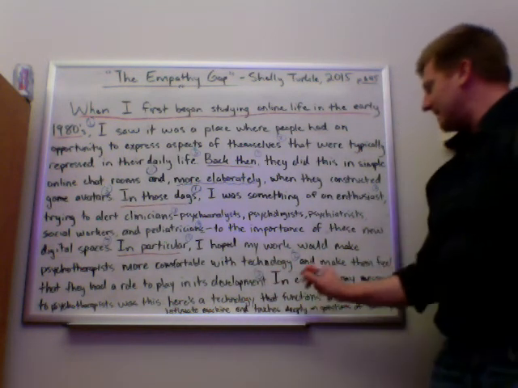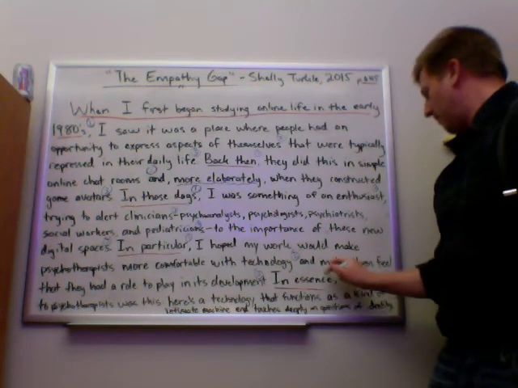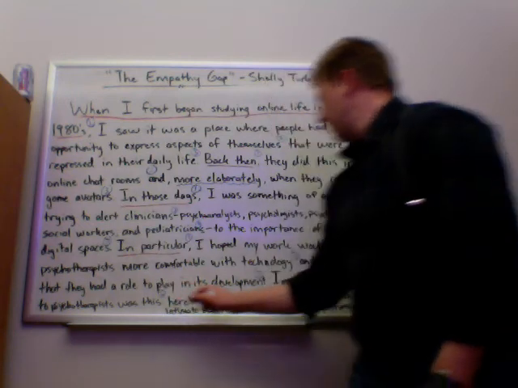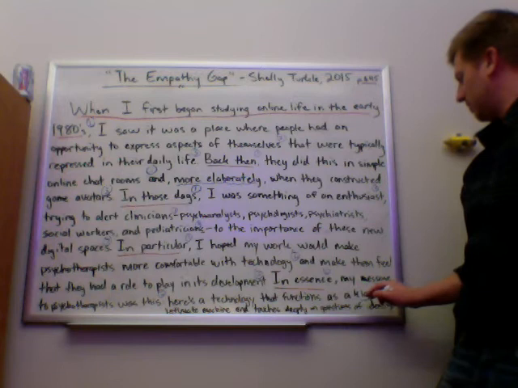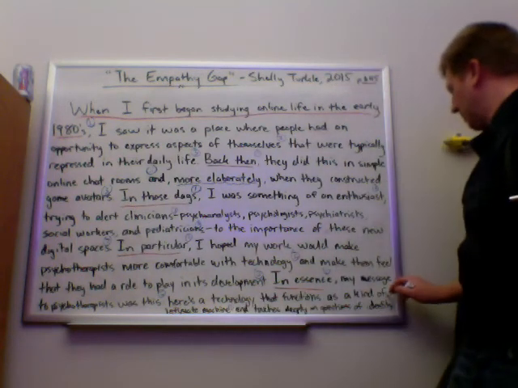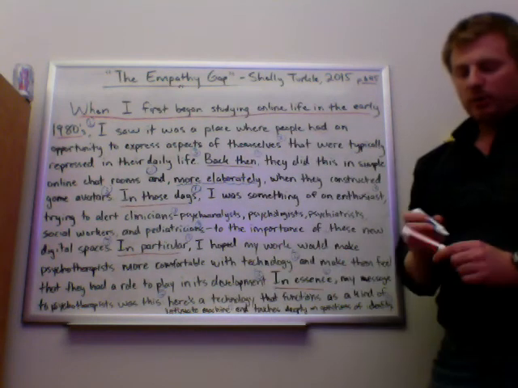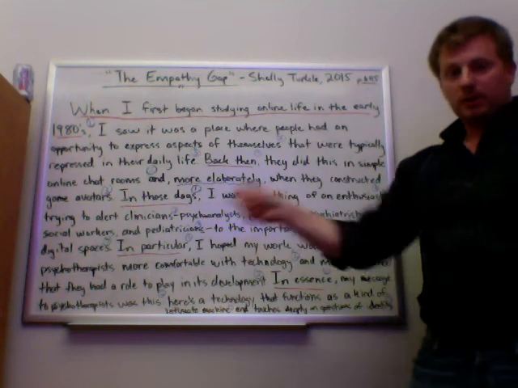"In essence," next sentence, part one, "my message to psychotherapists was this," part two, "here's a technology that functions as a kind of intimate machine and touches deeply on the questions of identity." That's kind of a three in part four. All of these sentences she's using are cumulative sentences. She does, right after this, have another short sentence that she punches it up with.